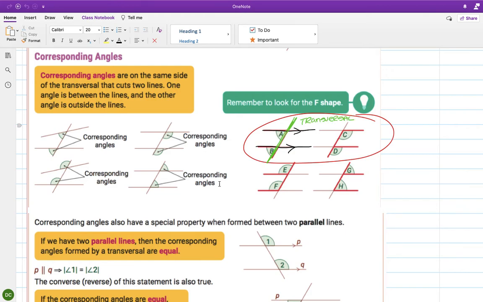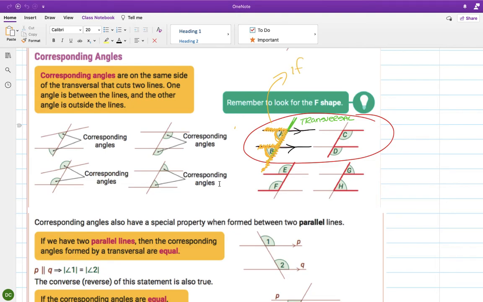Okay. This time, you're looking for an F shape. So look, one arm of the F is on a parallel line. The other arm of the F is on a parallel line. And then the body of the F is the transversal. See that? These angles are called corresponding angles.